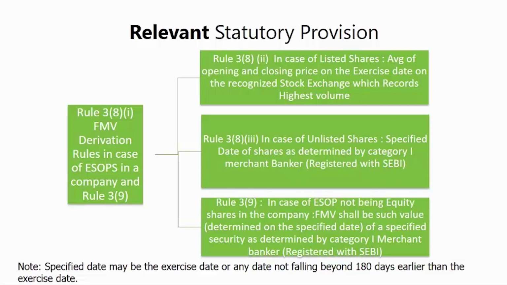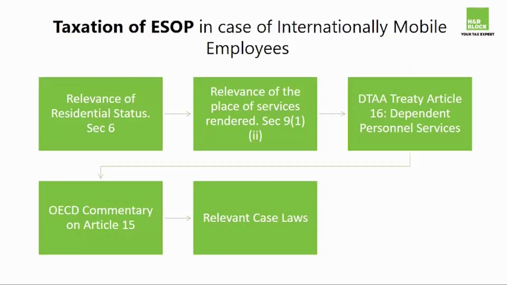And the specified date mentioned above may be the exercise date or any date not falling beyond 180 days earlier than the exercise date. So the fair market value can be any value which falls within 180 days, that is 6 months, prior to the date of exercise. The value of the ESOP options is determined.